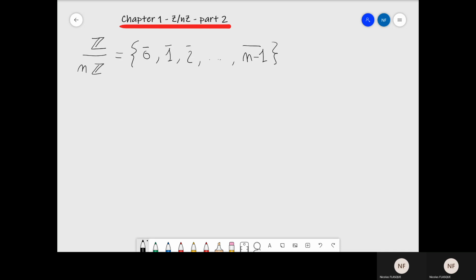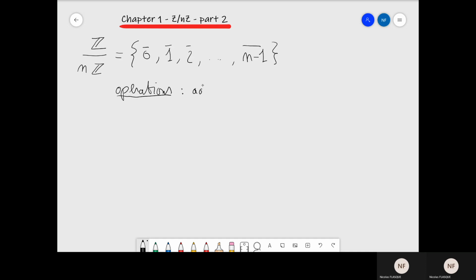For example, 1 bar is a set of numbers whose remainder in the Euclidean division by n is equal to 1. So actually, the elements of Z over nZ are not numbers. They are sets. Nevertheless, we can make some operations that really look like standard operations we already know.